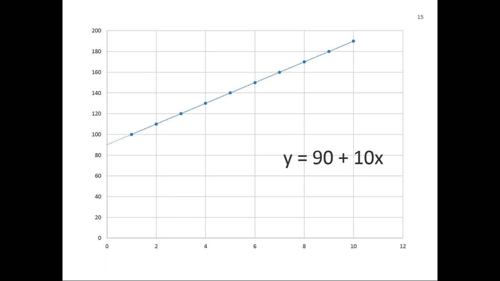So when x goes from 0 to 1, y goes from 90 to 100. If we do that again, when x goes from 1 to 2, y goes from 100 to 110. When x goes from 2 to 3, y goes from 110 to 120, and so on and so on. So for every 1 unit increase in x in this example, y goes up by 10.